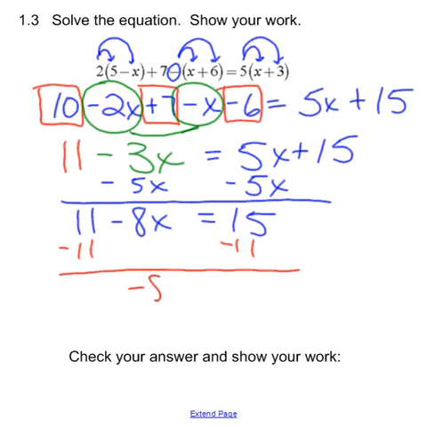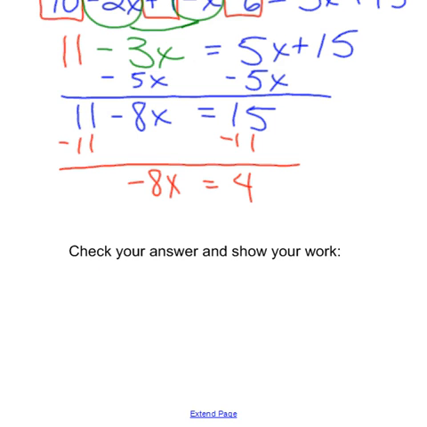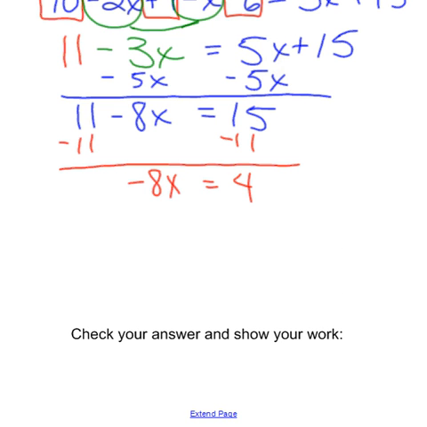So we have negative 8x equals 4. Now we're going to divide both sides by negative 8. X equals negative 4/8, which is equal to negative 1/2.